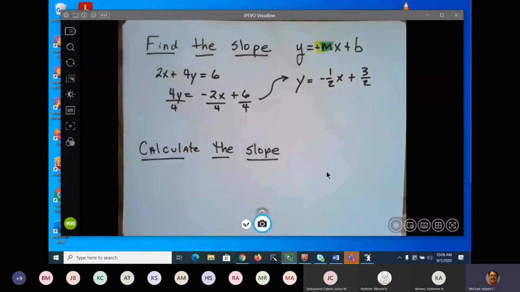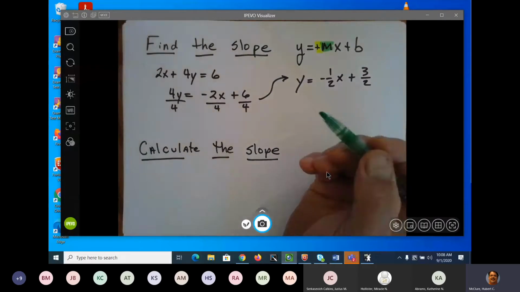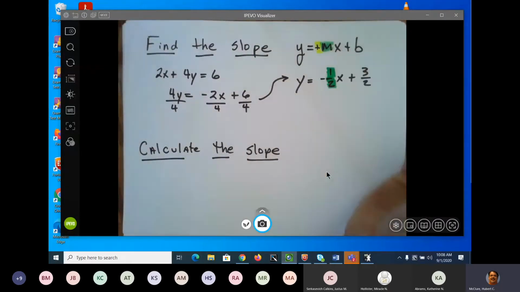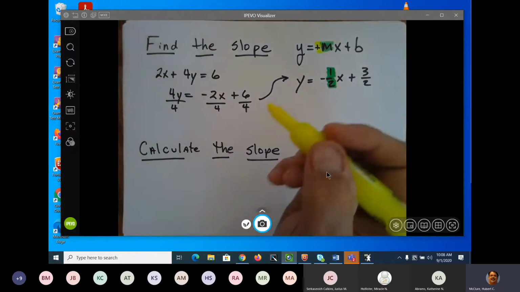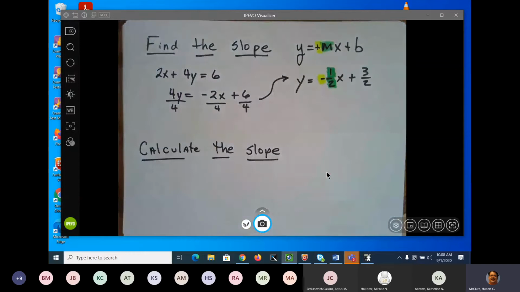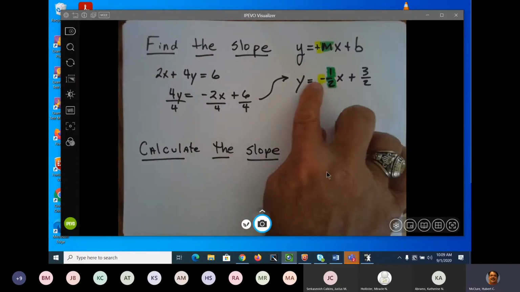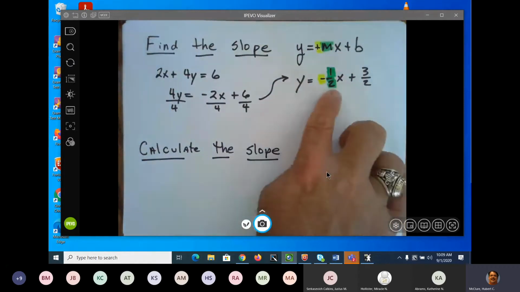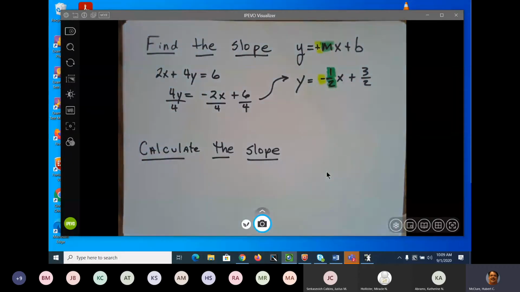At that point, I know that I have a slope of 1/2, which means 1 vertical over 2 horizontal, and I have a negative slope, which means it is going down from left to right. In business, it means you're losing money. If it was positive, that means you're making money. So there's a difference between the negative and the 1/2, and you need to start making that difference now, because you can't just say, oh, that's a negative 1/2. No, the negative means something.